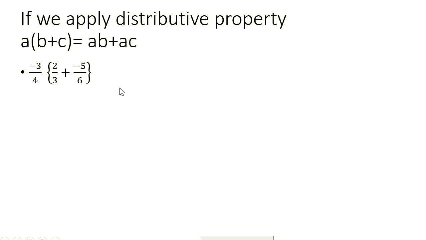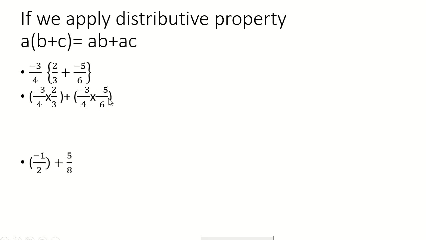Likewise, we have the same question, minus 3 by 4 multiplied by the sum of 2 by 3 and minus 5 by 6. So we first multiply minus 3 by 4 with 2 by 3 and keep them in one bracket, added to the multiplication of minus 3 by 4 and minus 5 by 6, which is taken in the next bracket.